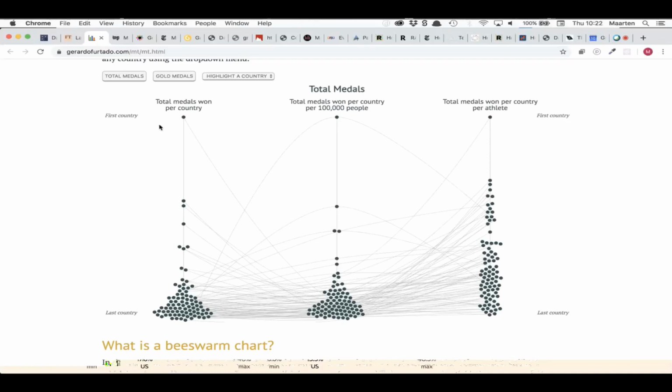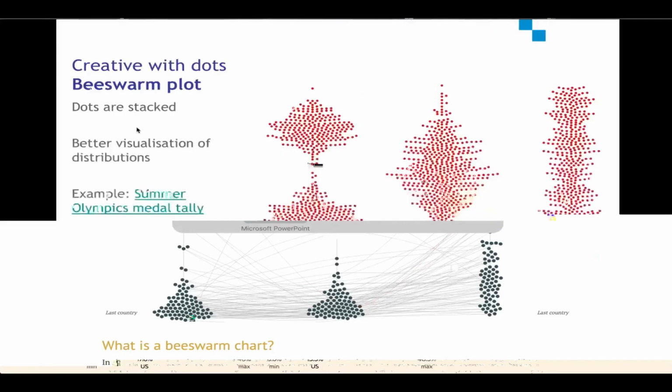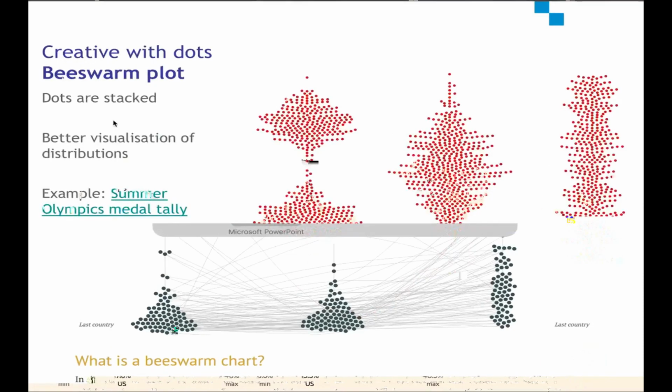You actually have three different beeswarms and they are connected, so you can see the data values for each country. If you hover over any of the dots, you can see the connecting lines. This technique is called parallel coordinates, and we will come back to that later in this webinar.